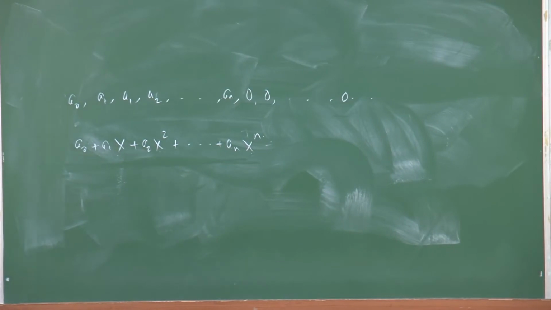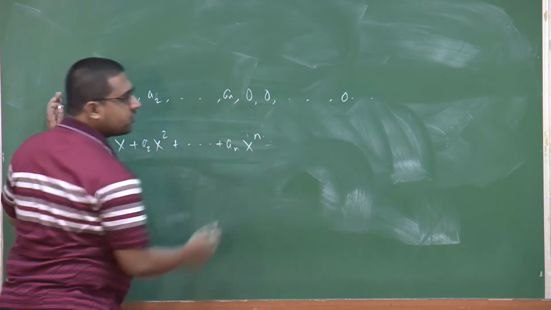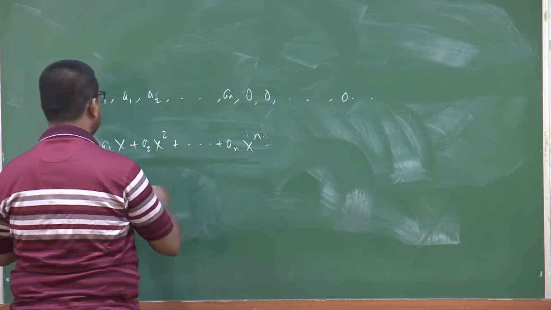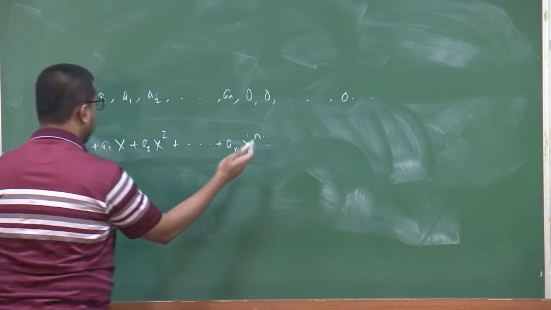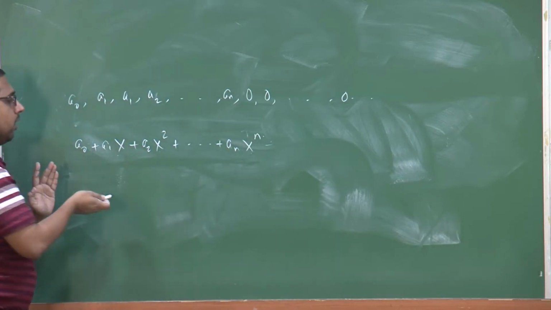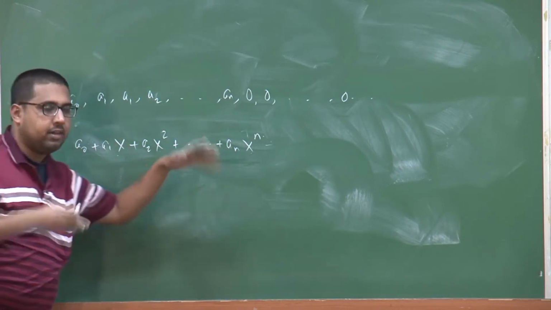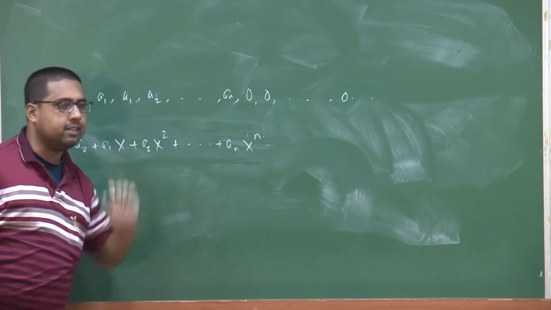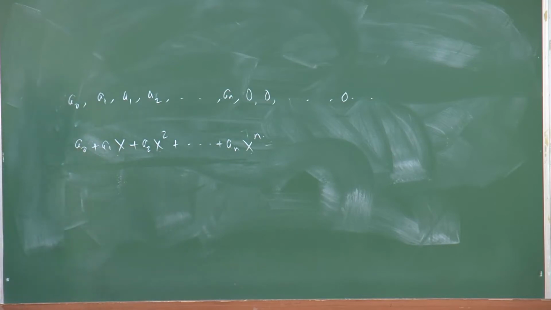So, with this intuition we can define a polynomial formally by a sequence. That is how we arrive at the formal definition. Okay. So, as I said, this is nothing but an alternate and helpful way of writing this. I will tell you now why this is useful.